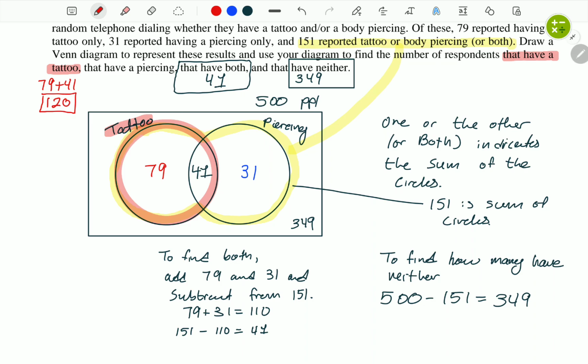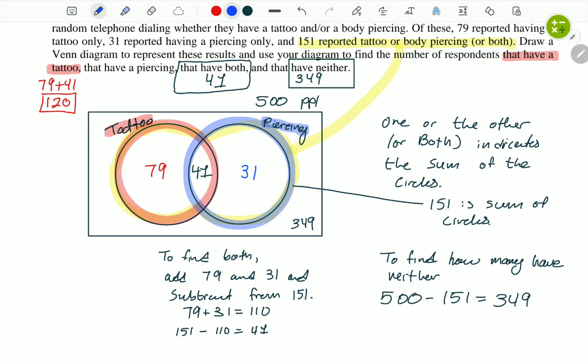Have a piercing. But once again, that is general as well. It didn't say piercing only, because then that would just be 31. When it comes to piercing, this is the entire circle of piercing. 41 has both a tattoo and a piercing, still having a piercing. 31 have a piercing only.